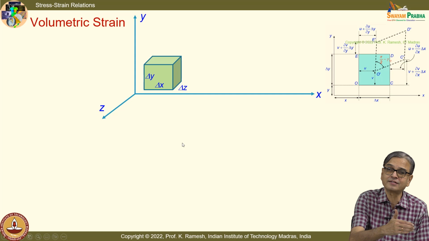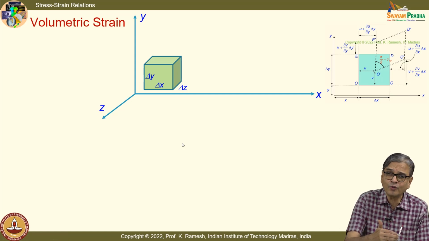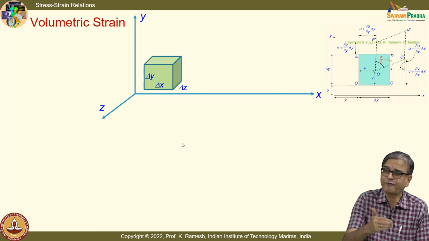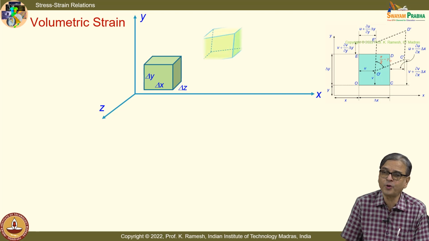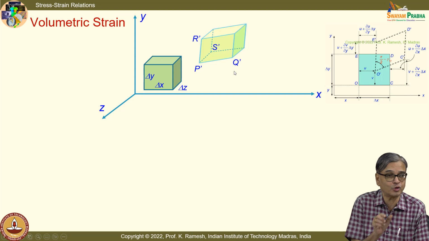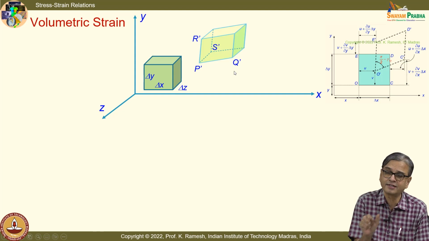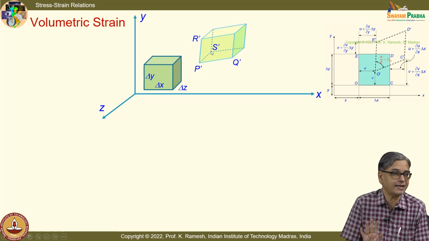And whatever we have discussed earlier, we will borrow that result and then find out the deformed quantities. Now, let me also show the deformed nature of the cube. I label this as P prime Q prime. And we have already discussed what happens to PQ, which was originally parallel to x-axis. Now, following that discussion, we will have to write for P prime R prime as well as P prime S prime. Is the idea clear?